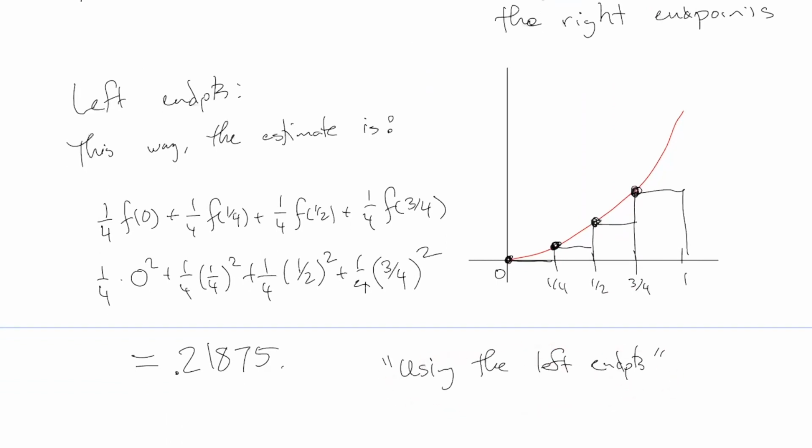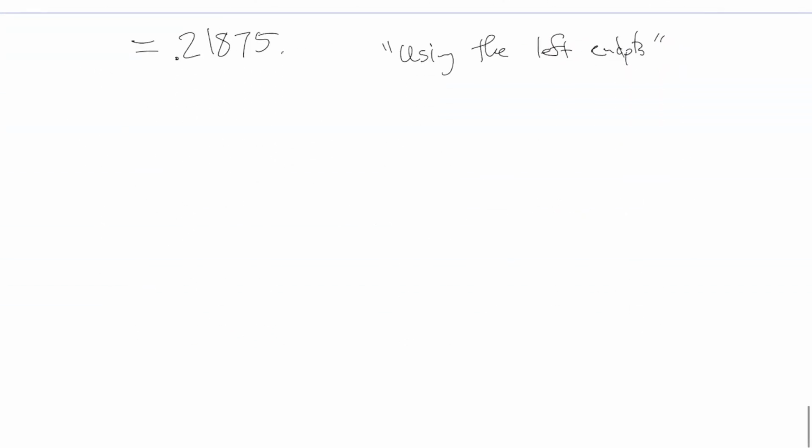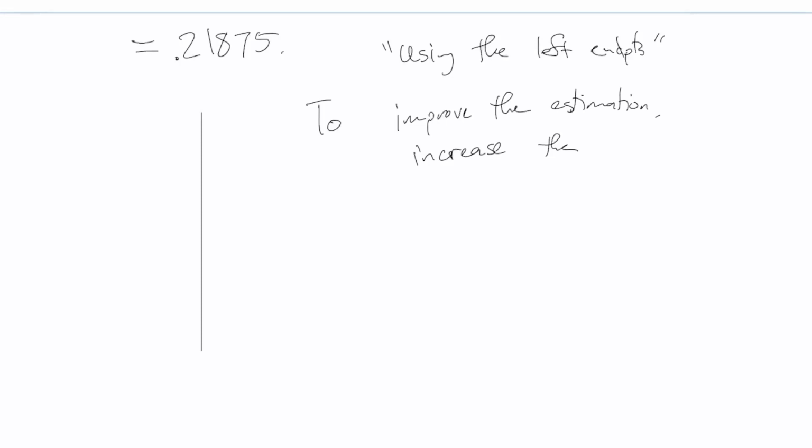Now these estimations are not very close to the true area of 1/3, which would be 0.33, right? This to me looks pretty different. What if you actually wanted to get better estimations? Now I'm not going to do this by hand, but this is sort of where we're going in the future with this. To improve the estimation, you increase the n.